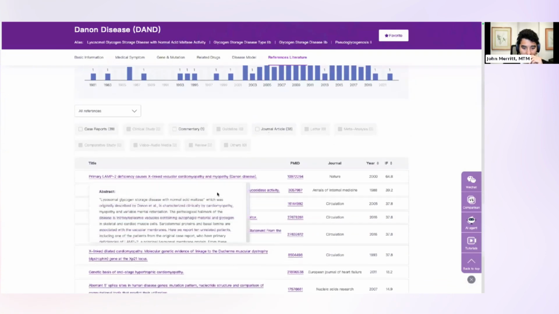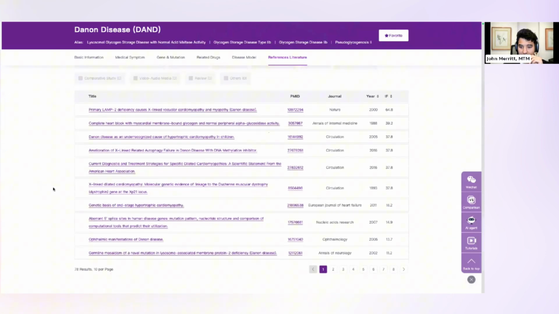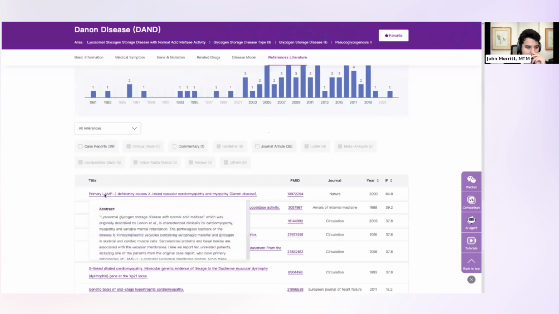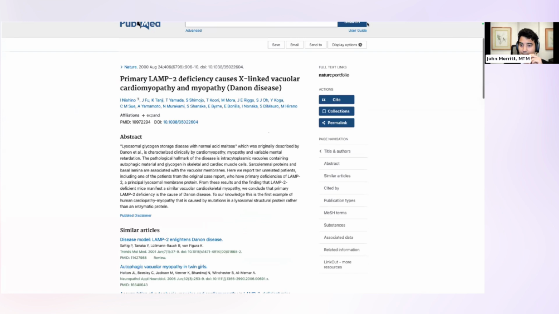It looks like people are publishing on it a lot. And here's another publication: primary LAMP2 deficiency causes X-linked vacuolar cardiomyopathy and myopathy. You can look up the paper and read through it.